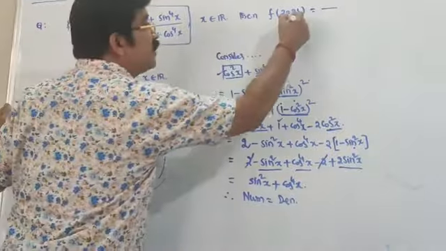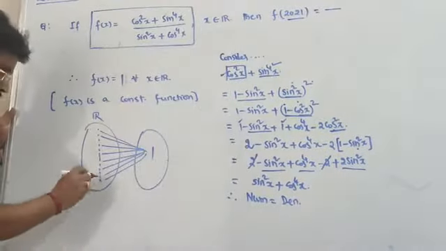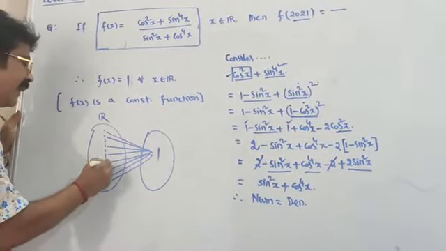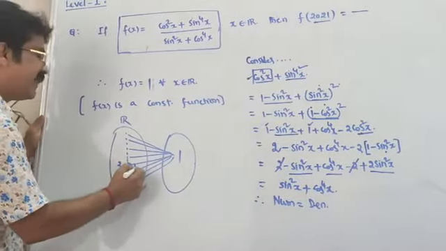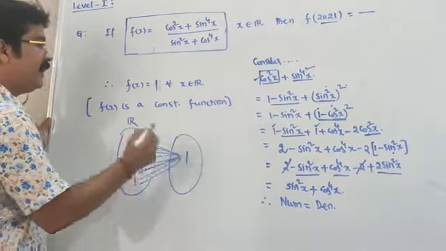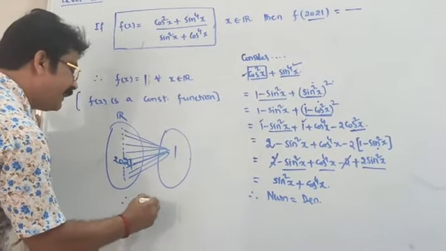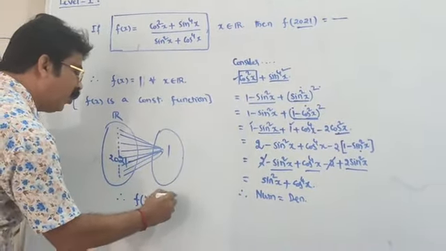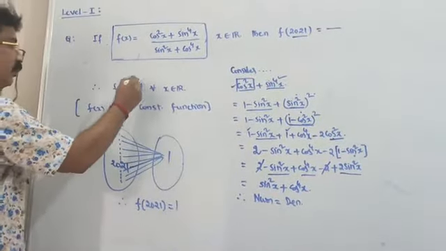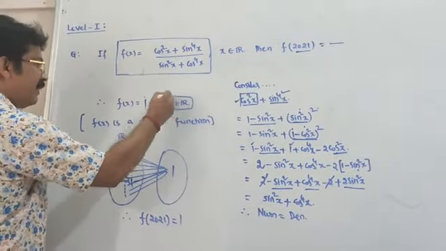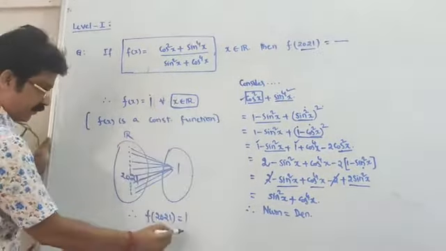What is the question? 2021. 2021 is also a real number. So this real number is mapped to 1. Hence, f of 2021 is also 1, because it is 1 for every real number. So therefore the answer is 1. Its answer is 1. Hence the problem.